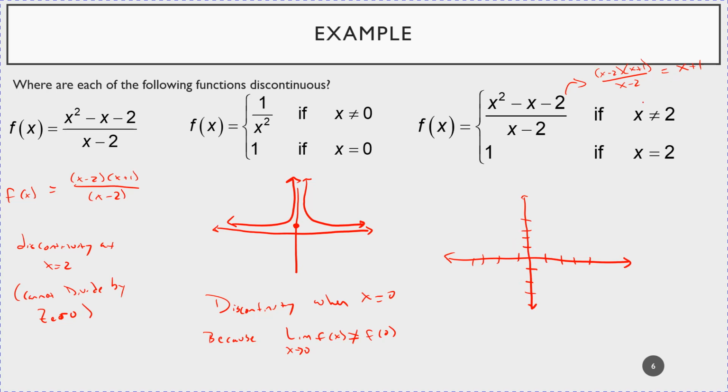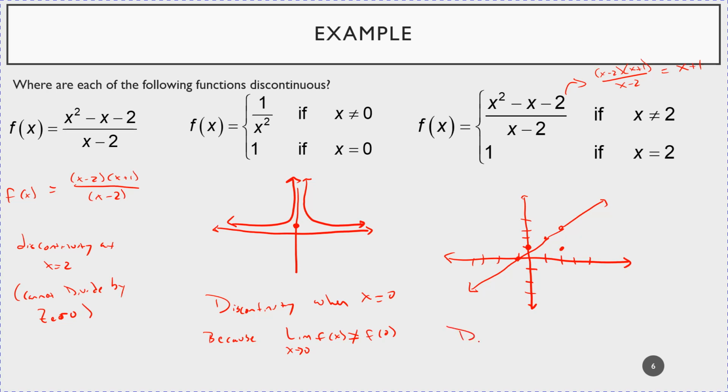So if you were to sketch the graph of x plus 1, there'd have to be a hole in it, right? Because you still got to respect the original domain here. So it would look like this. Then when you get to 2, there'd be a hole in the graph. And we're saying, hey, when x is equal to 2, it's 1. And you can see it jumps down again.